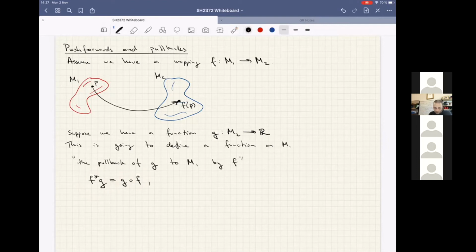So in effect, f star g is a function on M1. So it takes p as an argument, and this is, in essence, the value of the function g in f of p. So f star g is a function from M1 to real numbers.